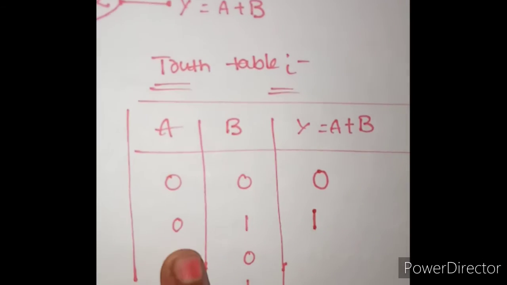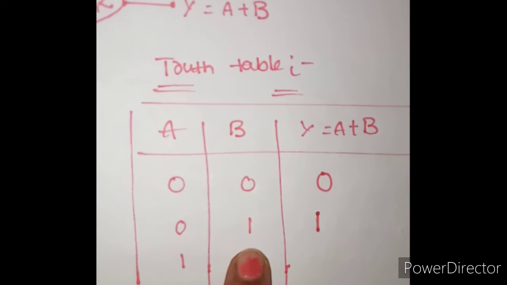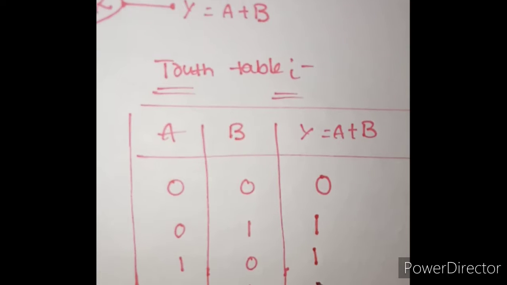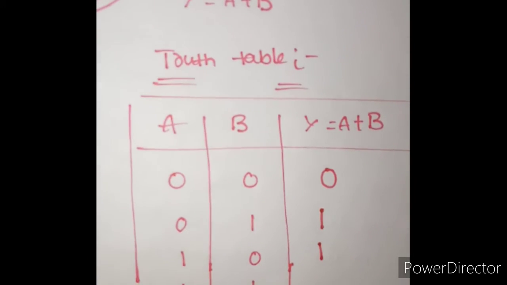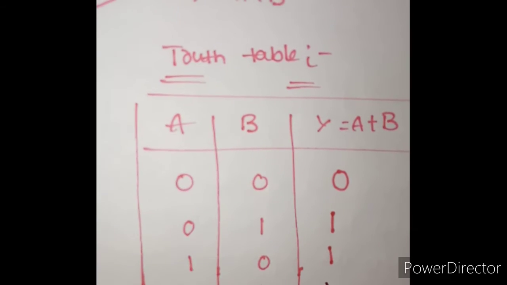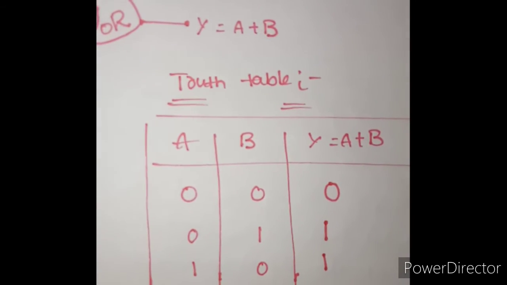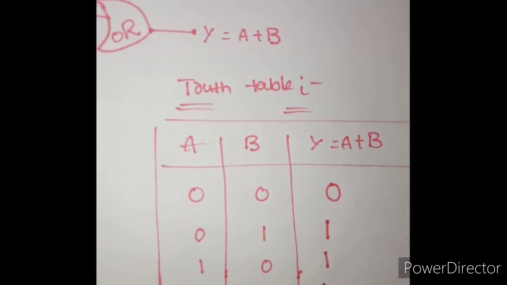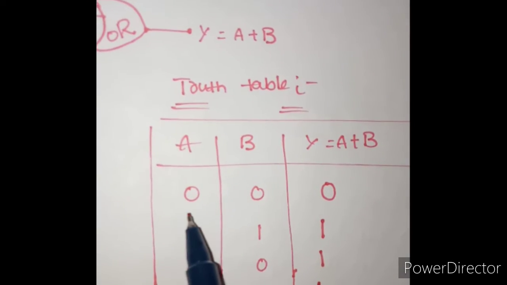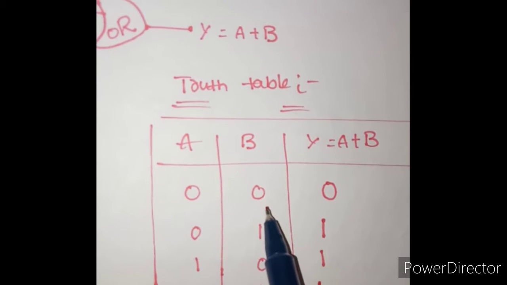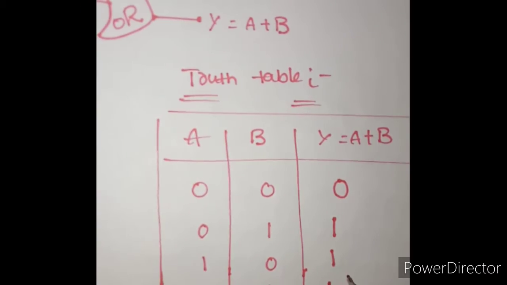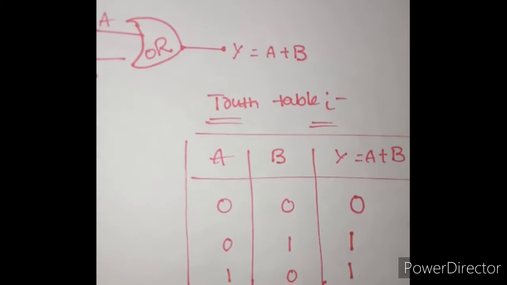When A is equal to 1 and B is equal to 0, then the output is high. When both inputs are high, that means A is equal to 1 and B is equal to 1, then the output is high. See here, this is the truth table of an OR gate. Observe here, when both inputs are low, the output is low. In the remaining conditions, the output is high. This is the OR gate.